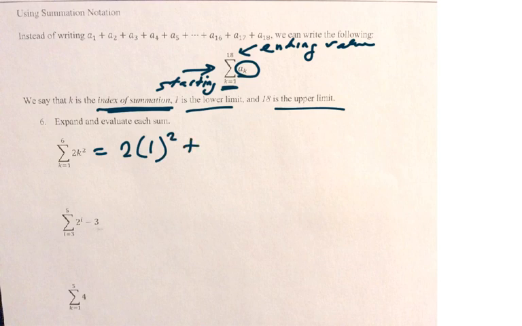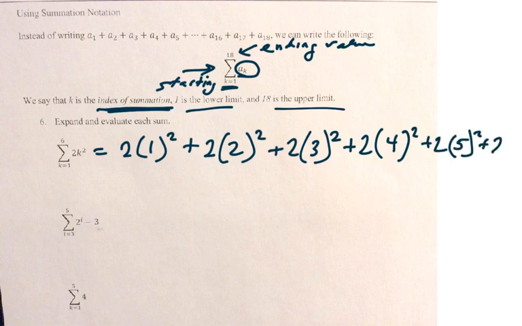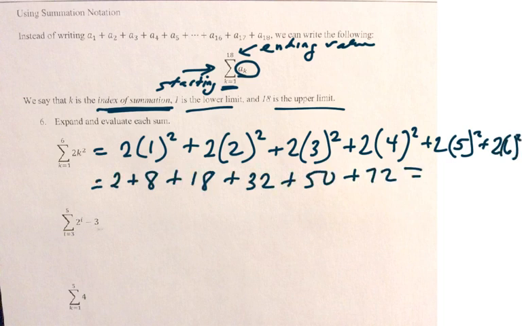And we're going to keep going 1, 2, 3, 4, 5 until we get to 6. 2 times 2 to the second, plus 2 times 3 to the second, plus 2 times 4 to the second, plus 2 times 5 to the second, plus 2 times 6 to the second. And when we sum all of those together, we get that it is equal to 182.